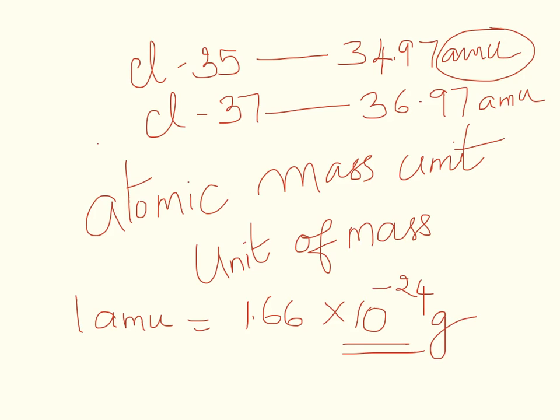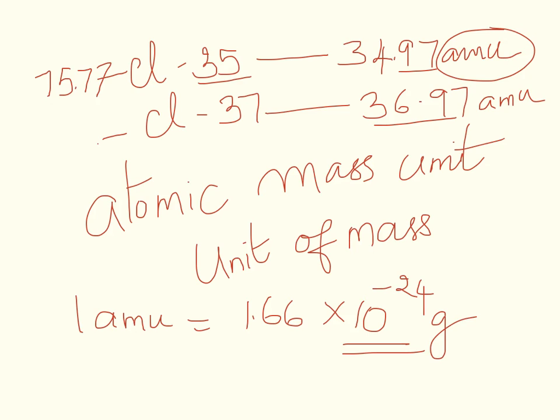So the mass of the chlorine 35 isotope is 34.97. The mass of the chlorine 37 isotope is 36.97 AMU. Now, the isotopic abundance for the first isotope is 75.77, right?